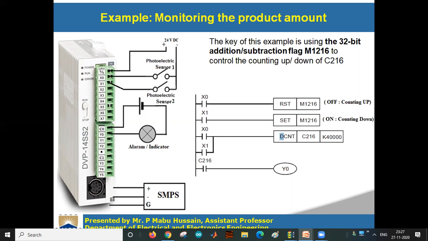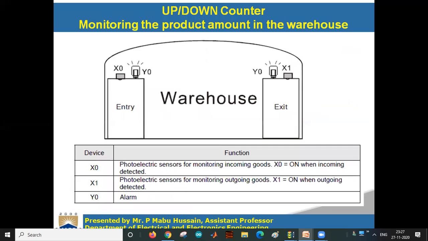Now how can you say a particular counter value has to be incremented by 1 or decremented by 1 depending upon these sensors X0 and X1? Whenever X0 is on, that means whenever this photoelectric sensor detects the product, the product is entering the warehouse, so the counter has to be incremented by a value of 1.